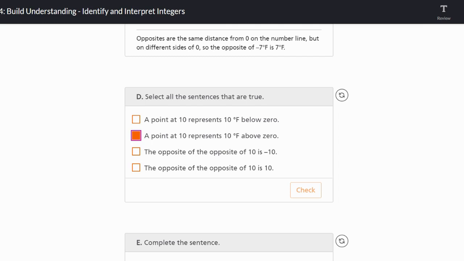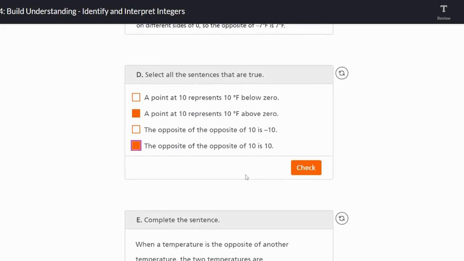These ones are always tricky with all these words. The opposite of an opposite of 10. So let's first think, what is the opposite of 10? The opposite of 10 is -10. So then what's the opposite of -10? That's +10. So instead, we should select the opposite of 10 is 10.